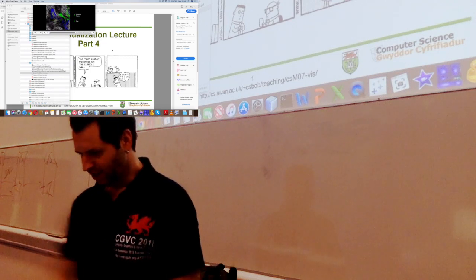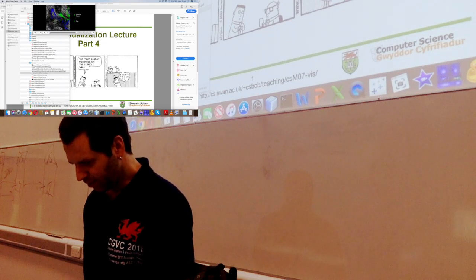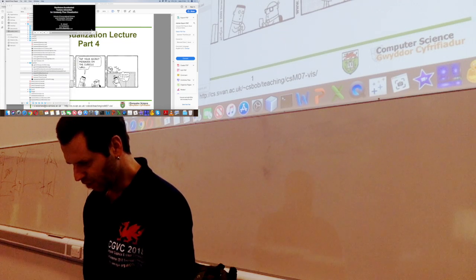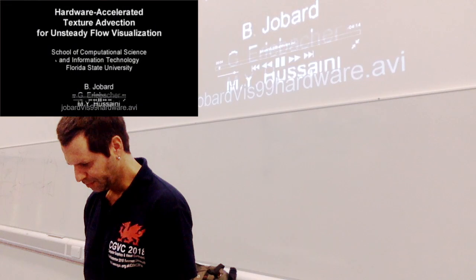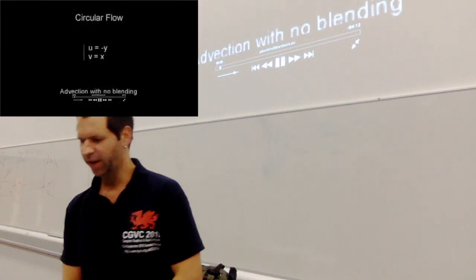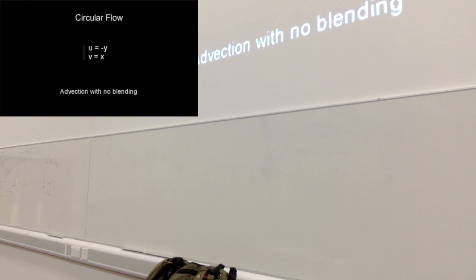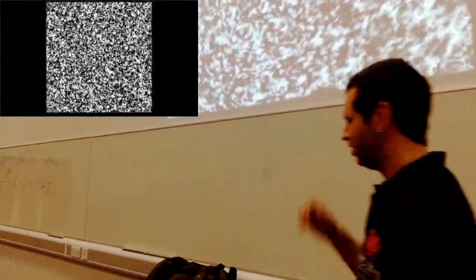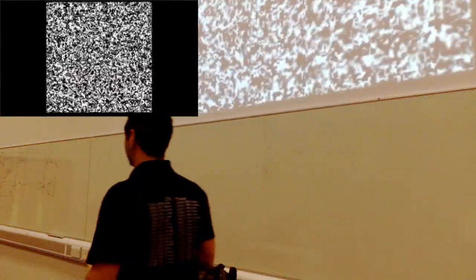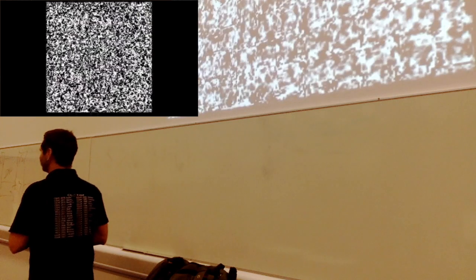So here is a little preview of today's focus topic discussion. It's called texture-based flow visualization. We've been talking a lot about FlowViz, and we were talking about direct flow visualization.